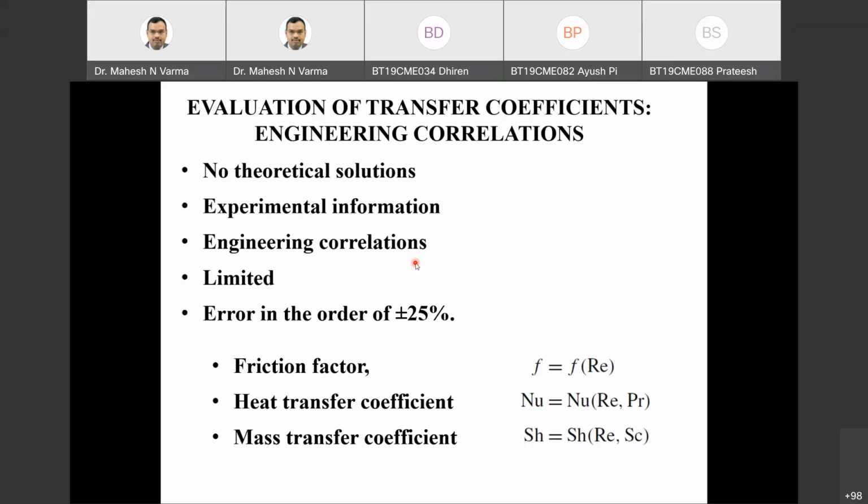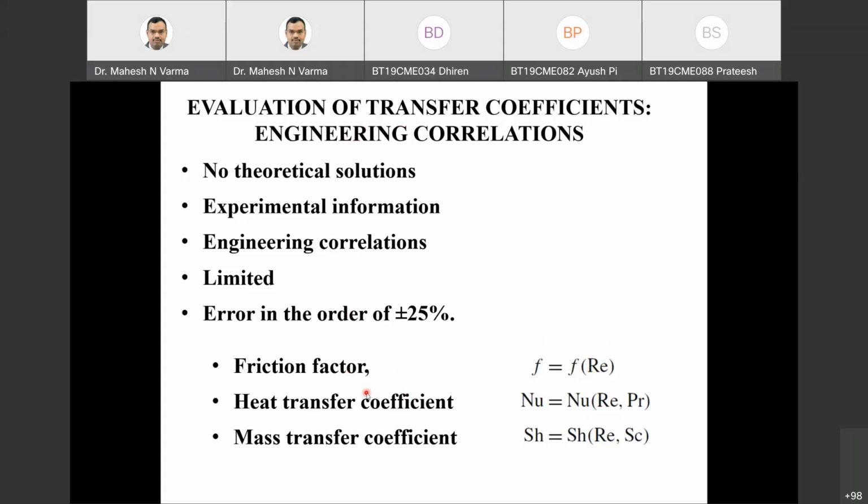most important parameters. In continuation with that, we have started on how to estimate friction factor, heat transfer coefficient, and mass transfer coefficient. The general equations available for friction factor are engineering correlations, which are of general nature. Friction factor is a function of Reynolds number.